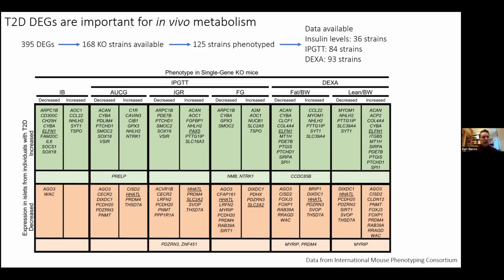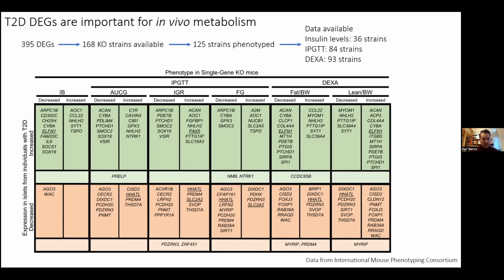And of our 395 differentially expressed genes, there were knockout strains available for 168, and 125 of these were phenotyped. And there was data available for insulin levels or data from intraperitoneal glucose tolerance tests or DEXA scans for quite a few of these strains.